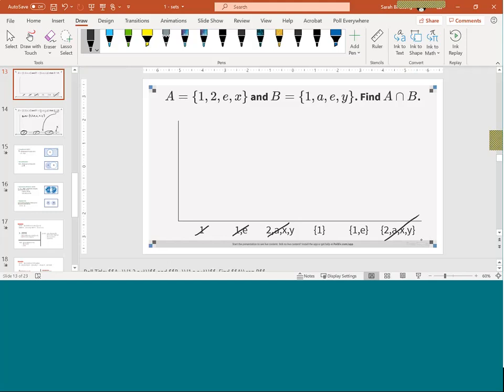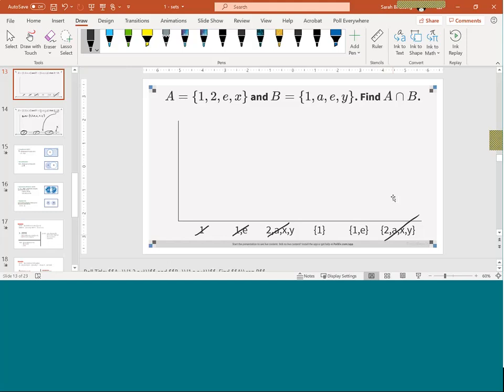Now, the last two, if you look at the elements, either the 1 or both the 1 and the E, those are elements that are in common to both A and B. So the question is, which one of them is defined to be the intersection? What do you guys think? That fourth option or that fifth option? Yes.